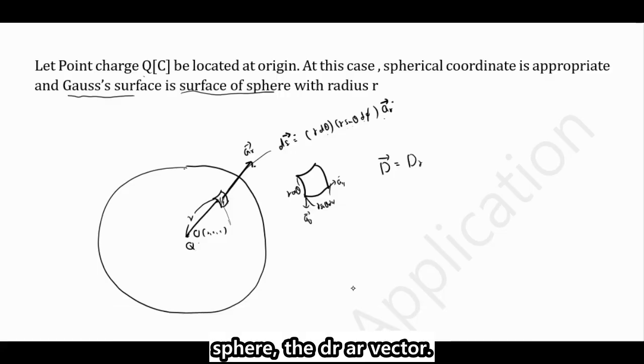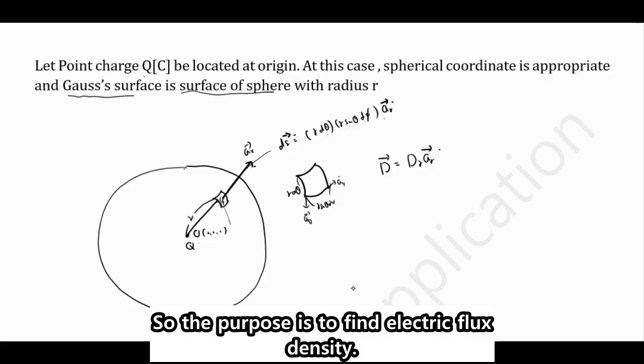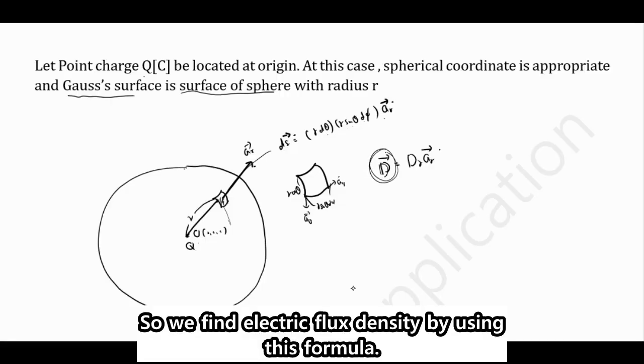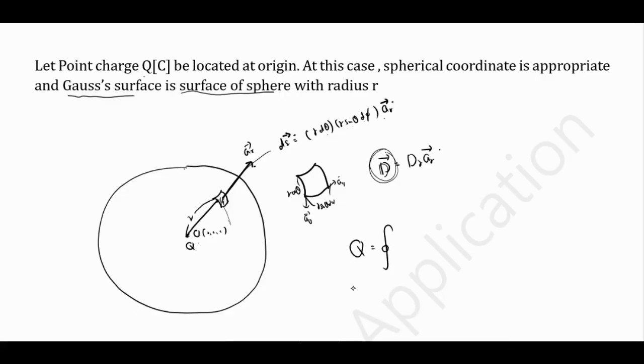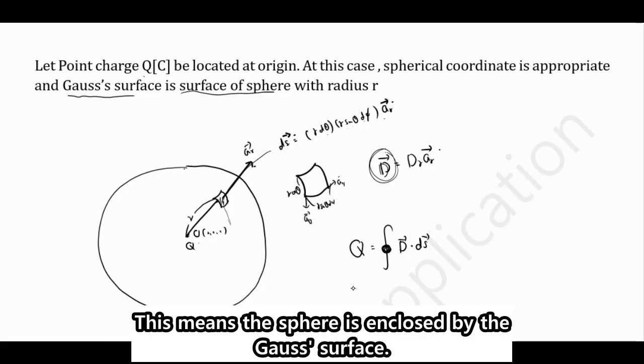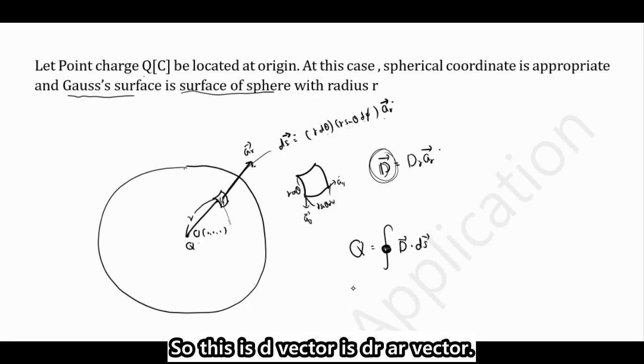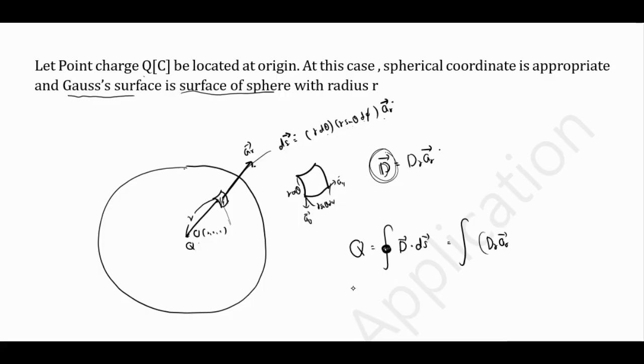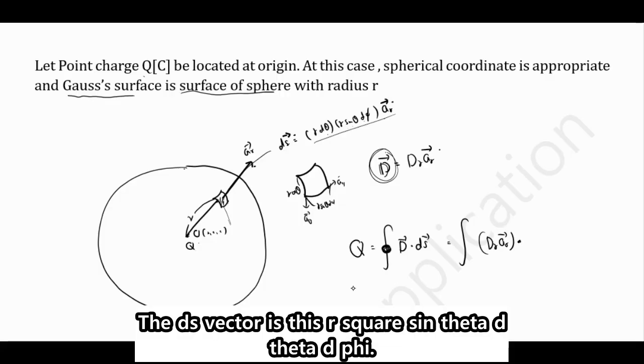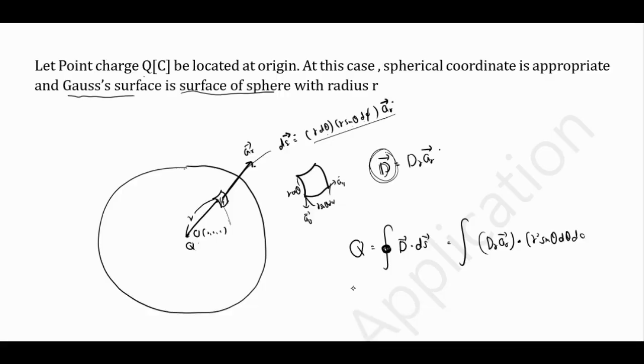So D_r a_r vector. The purpose is to find electric flux density, so we find it by using this formula, the closed integral of D vector dot ds vector. This means the charge is enclosed by the Gaussian surface. So the D vector is D_r a_r vector, dot ds vector, which is r square sine theta d theta d phi.